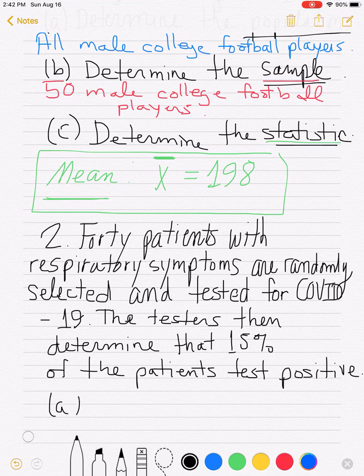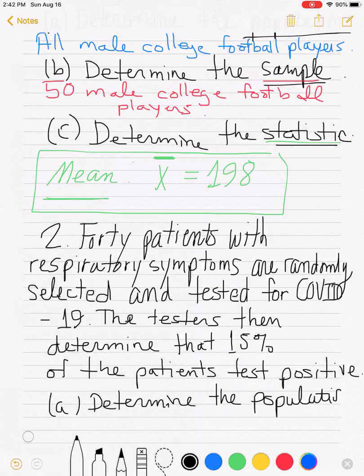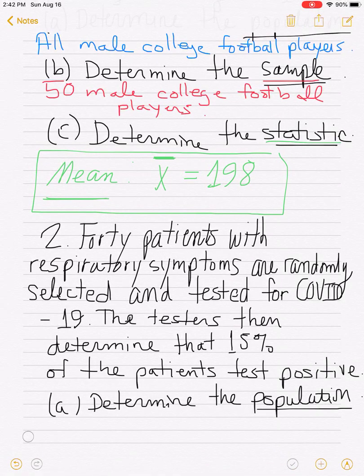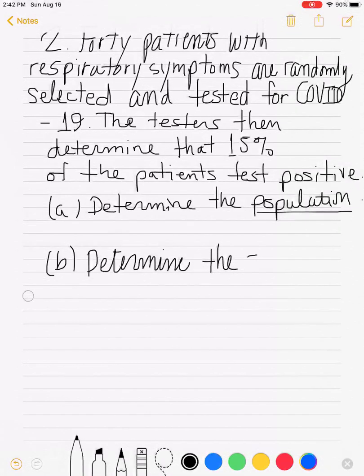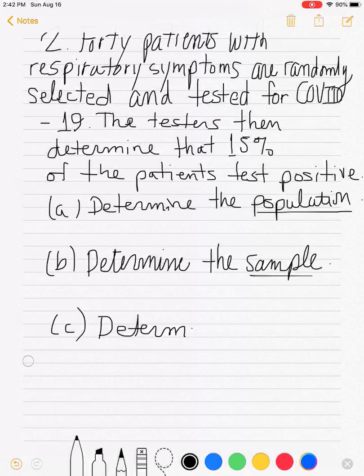Part A, what's the population? Part B, what's the sample? And part C, let's figure out what is the statistic, singular here. Determine the population. B, determine the sample. Determine the statistic.